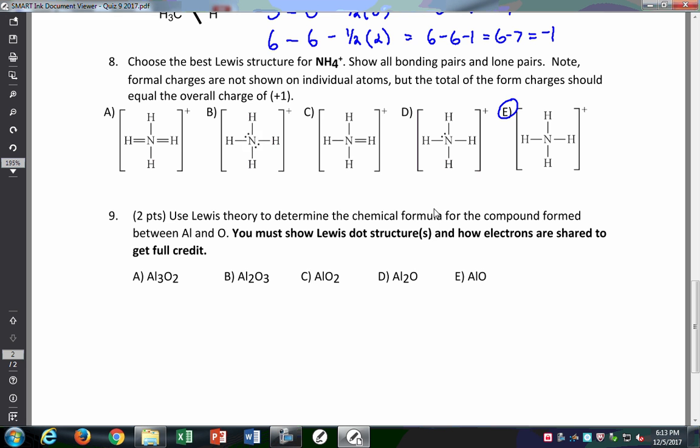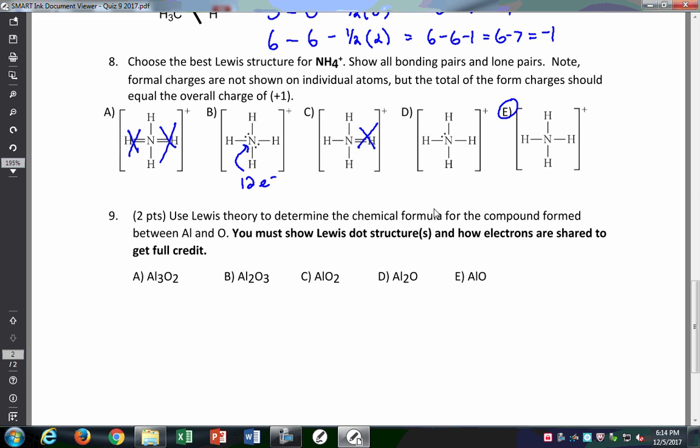A, hydrogen can't have 2 bonds. Don't even look at that one. Don't look at A or C. Hydrogen can't have 2 bonds. B has a total of 12 electrons. Where are all those electrons coming from? Also, notice nitrogen actually has 12 electrons surrounding it, and it can't have more than an octet.